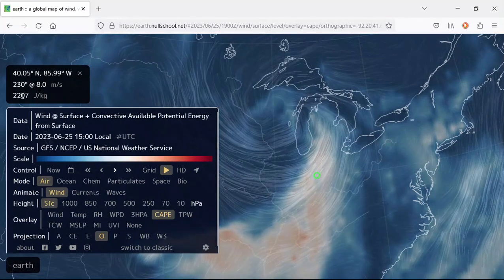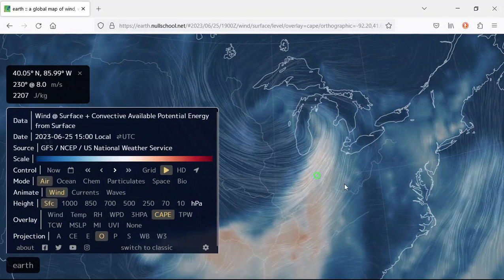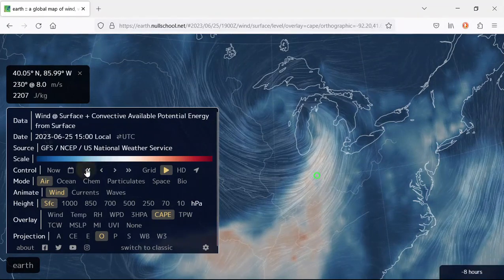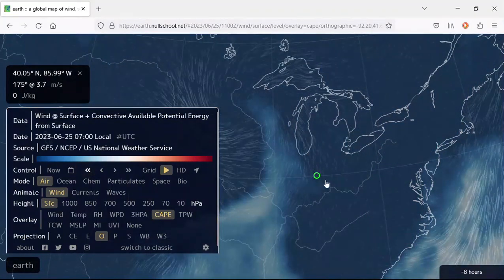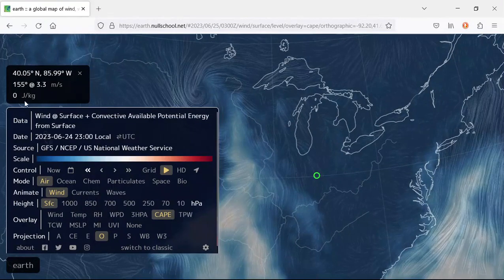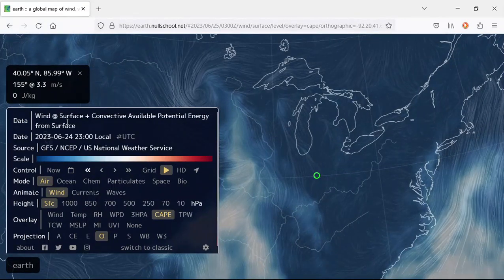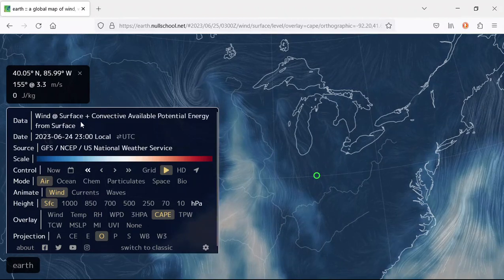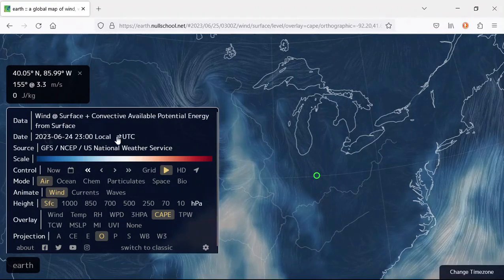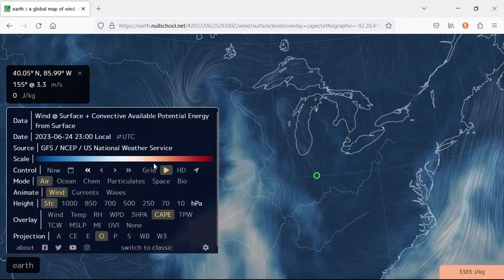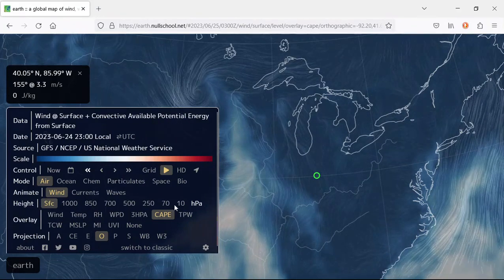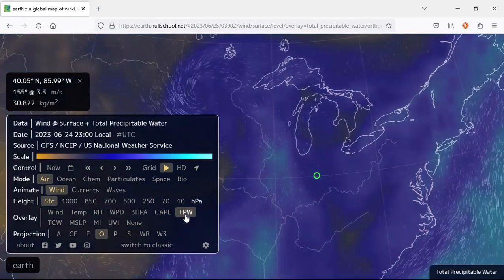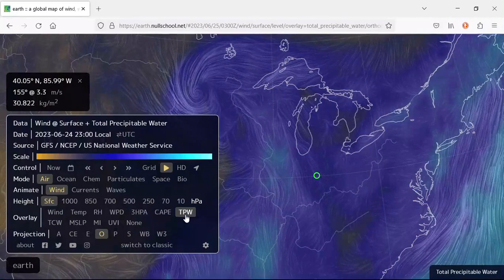So 2207. If we think about what Indiana was a couple days ago, or a few hours before that, 0. We didn't have that potential convective energy in the air, but in a day or two, we most certainly did. Also, total precipitable water, another good one to use.